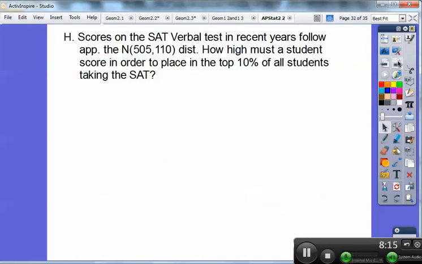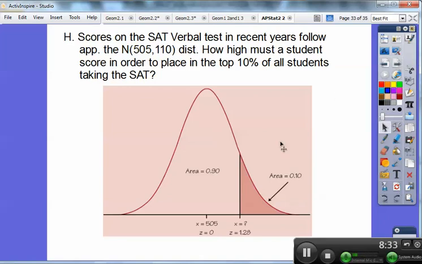All right. Scores on the SAT verbal tests in recent years followed approximately the normal distribution with a mean of 505 and a standard deviation of 110. So how high must a student score in order to place in the top 10% of all students taking the SAT? Well, the top 10% is this right here. Remember, the z-score table only gives me to the left.